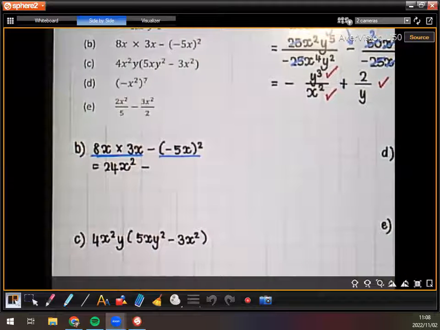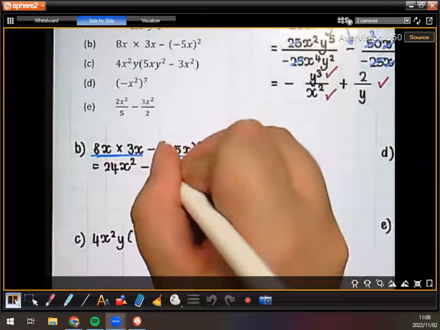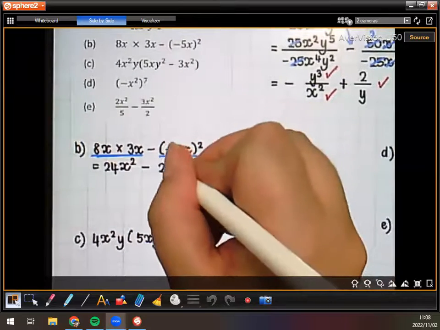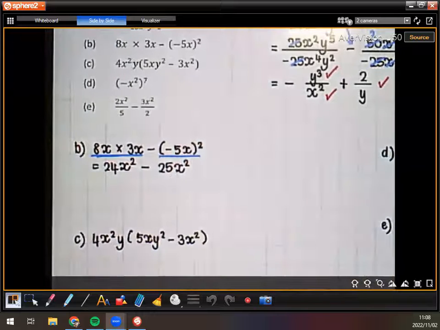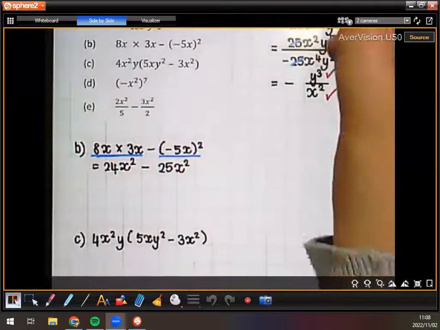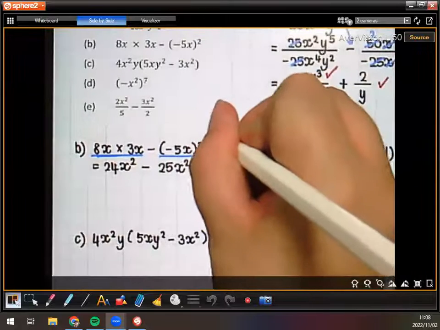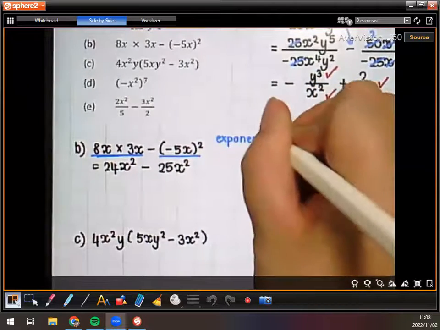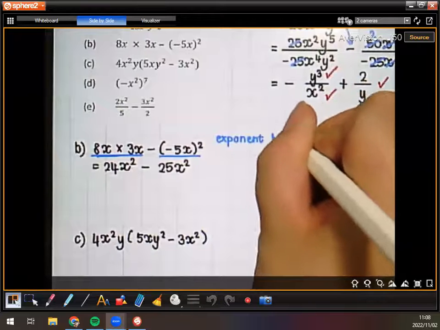Negative 5 times negative 5. 25, positive 25. So 25. And what is x squared? x squared. Okay, you have to do the exponent before you multiply. So exponent before multiplication.